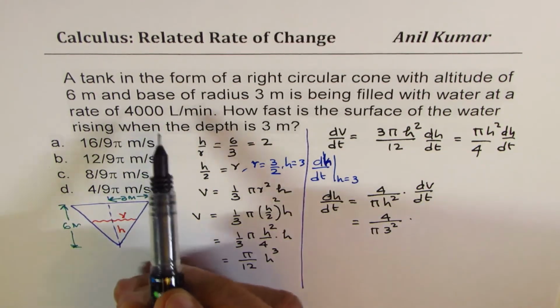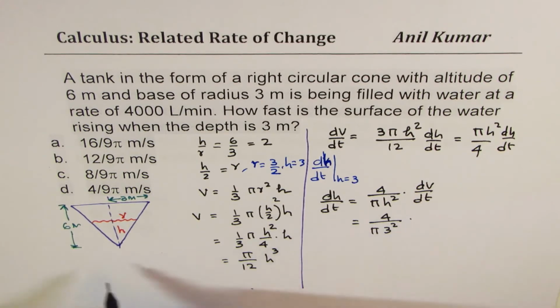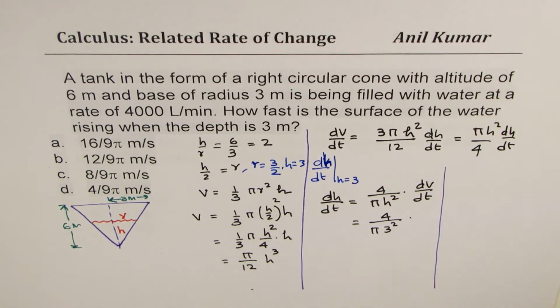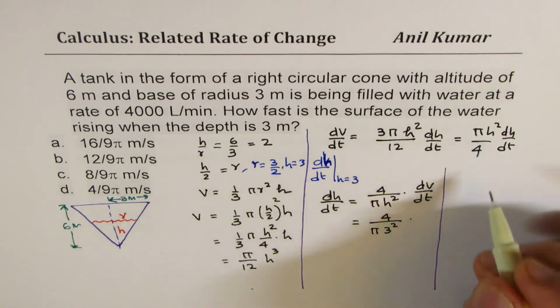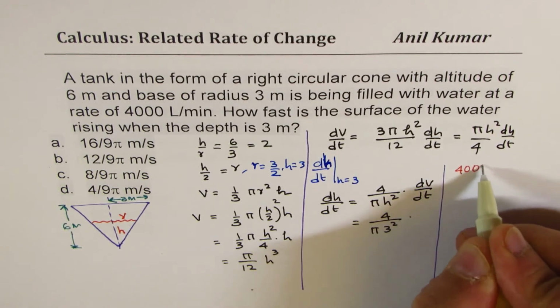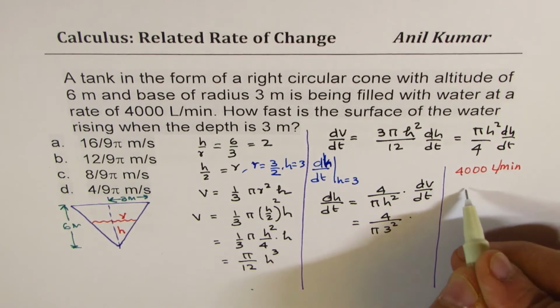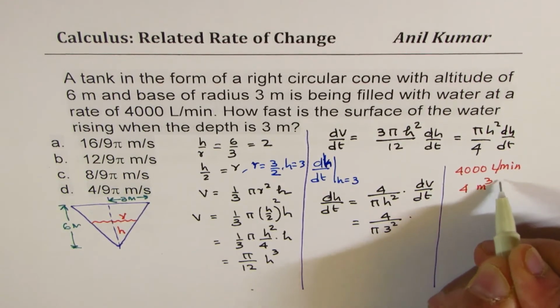There could be a typing error. So let's convert the units on the side. 4,000 liters per minute is actually equal to 4 cubic meters per minute.